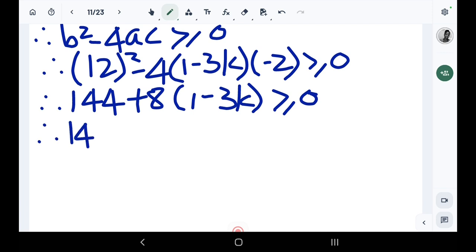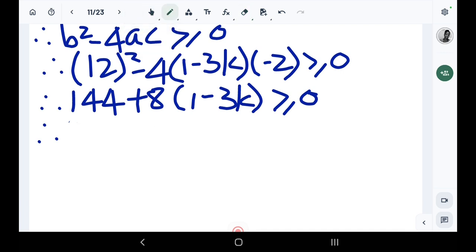Now that is 144 plus 8. Take out a calculator. Don't try to add this. That's where many people make silly mistakes. 144 plus 8, that is 152. Let's expand this first.